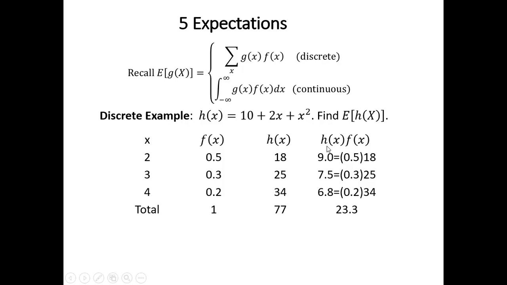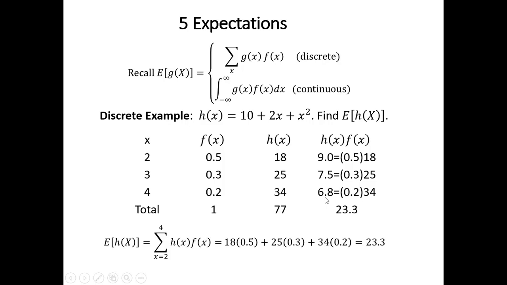Now in this column, we find h of x times f of x. Here we're simply multiplying what you see over here. So I get 9, 7.5, and 6.8. If I sum up this column, I get our answer, 23.3.